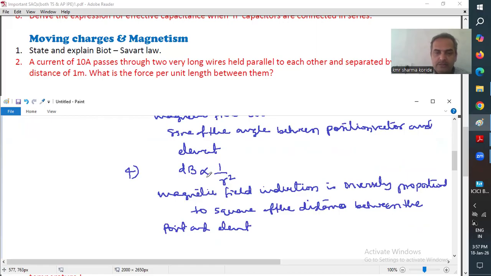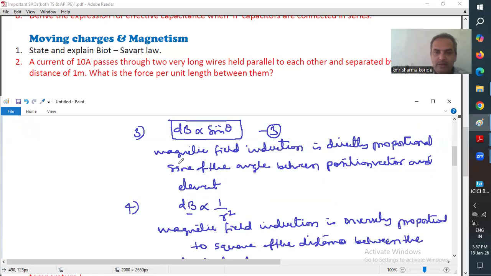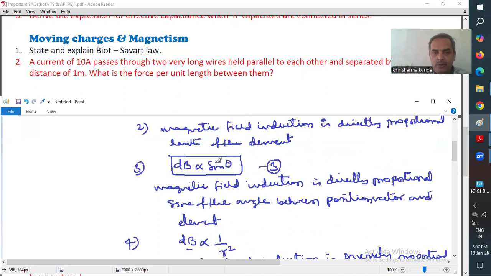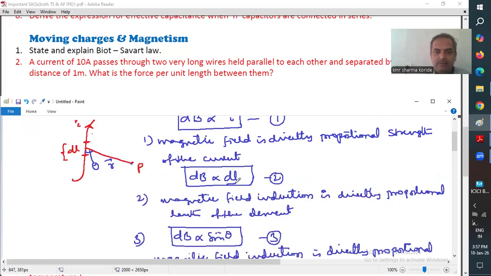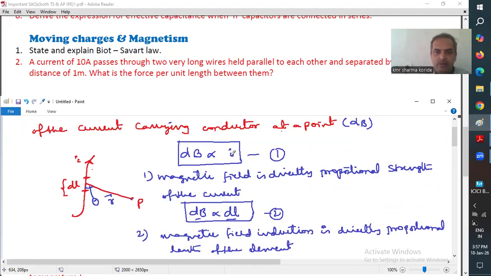It means the more the square of the distance, the less will be the field strength at the point. The more the angle between the position vector and the element, the more will be the field at the given point. The more the length of the element, the more will be the field at the observed point. And the more the strength of the current, the more will be the field at the observed point.